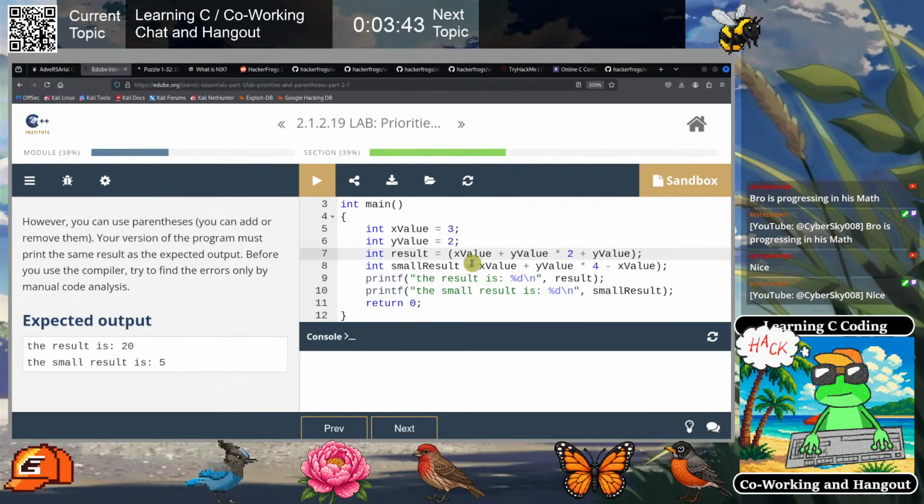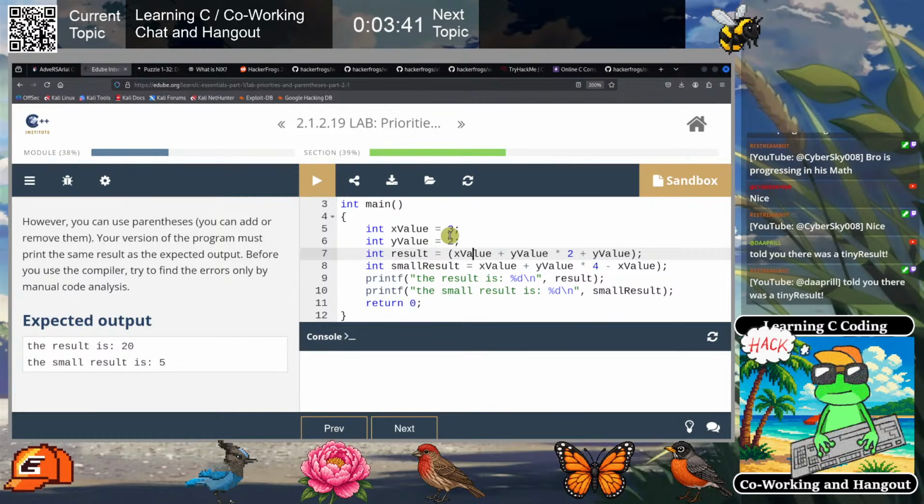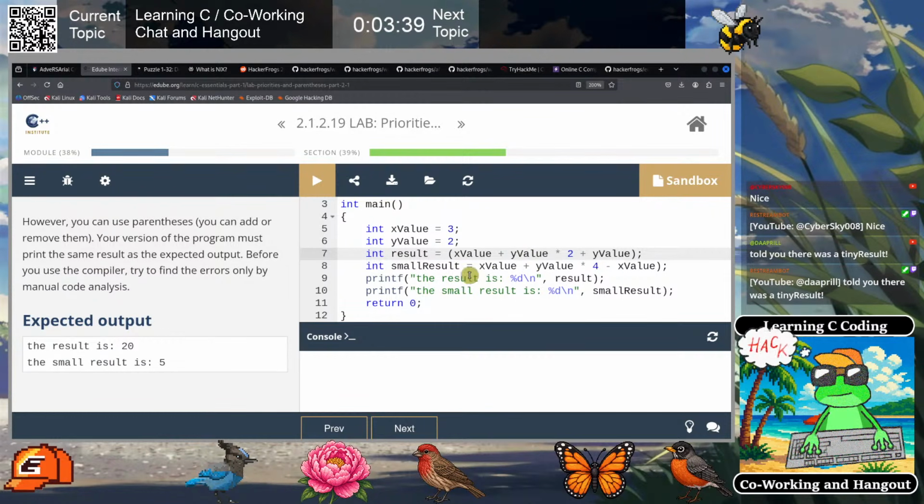So result equals x value, so it's 3 and 2, times 2 plus y value. So y value is 2. 2 plus 2 is 4. Oh, it's 4 times 5.